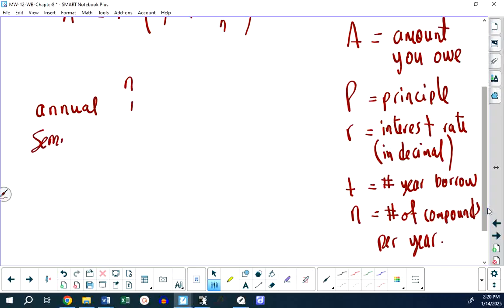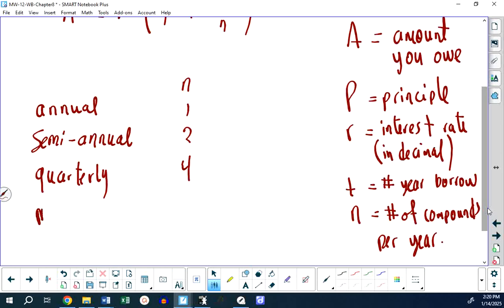Semi-annual, N is 2. Quarterly, N is 4, and then you will probably encounter monthly, which is 12.